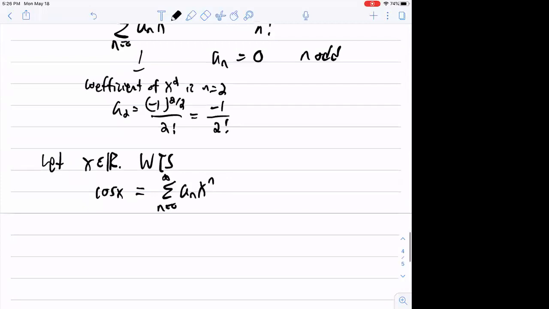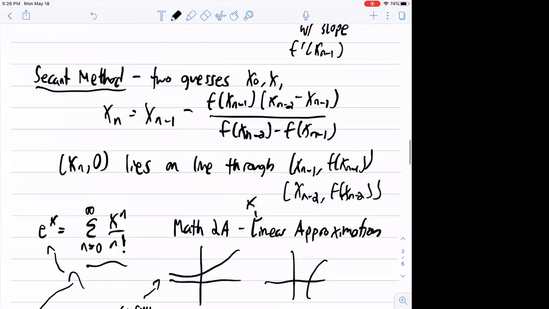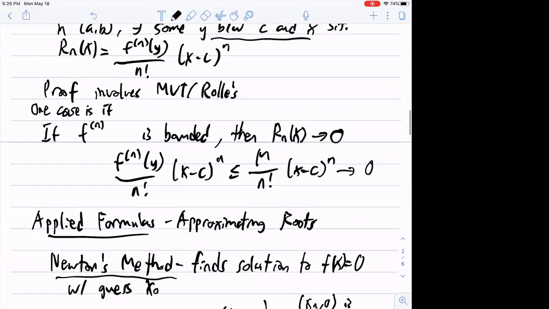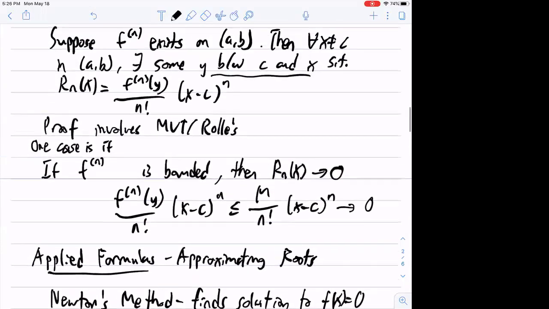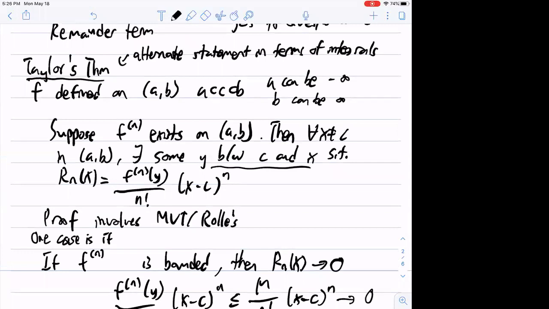And how we do that is we say, okay, Rn of x is equal to the nth derivative of f, this is like f of x, at y, and then where does y land? So let's go back. y is between c and x, right? c is where we're centered at, so we're centered at 0.